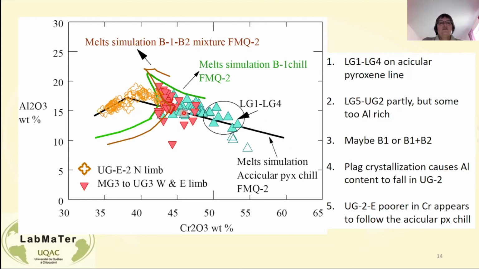But when we get to the LG5 and going into the MG and upper chromites, we see that we have too much aluminium, and we'd have to use either the B1 chill or possibly a mixture of the B1 and B2 seems a little bit more satisfactory. Interestingly, and I don't know why, but when we look at the UG2 from the northern limb, it seems to be more fractionated and is obviously crystallizing plagioclase.